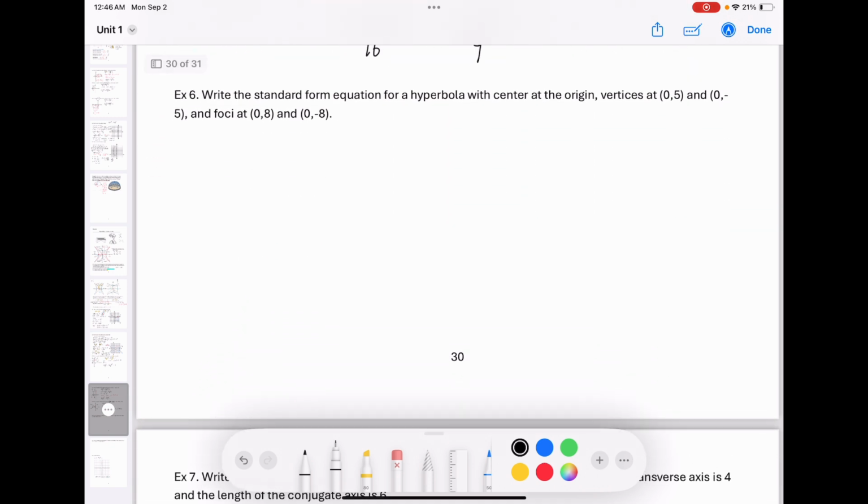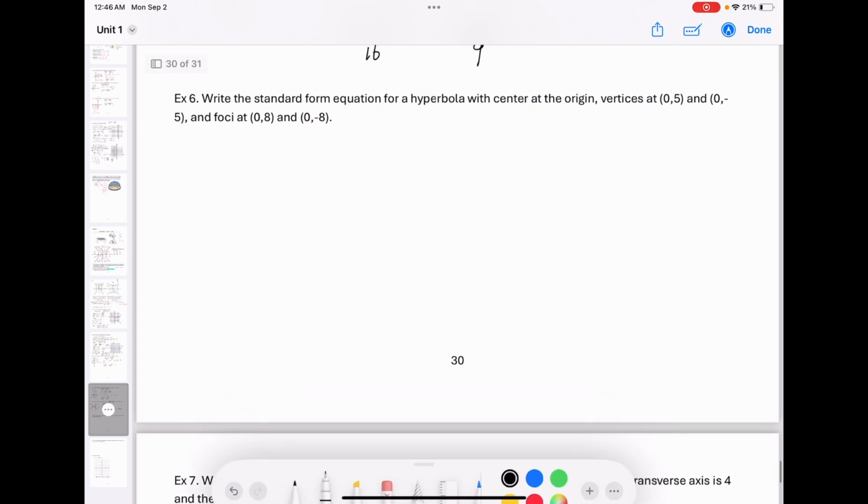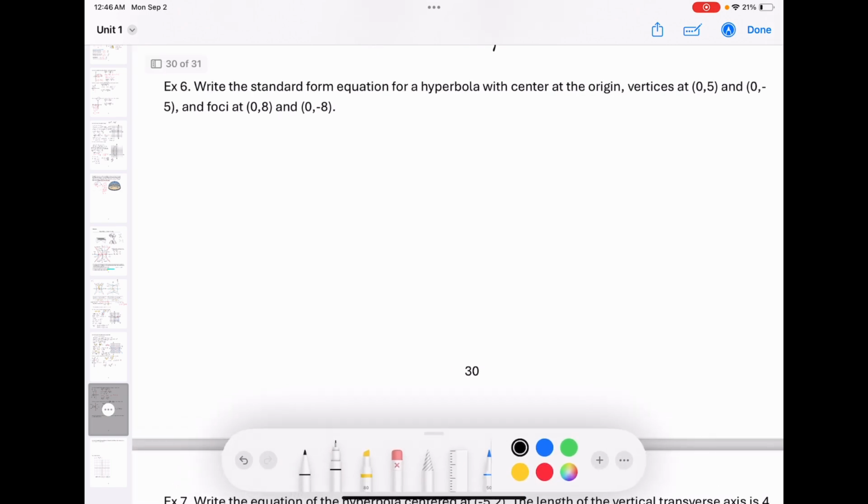Write the equation for the hyperbola with center at origin, so origin means (0, 0), vertices at (0, 5) and (0, -5), and foci at (0, 8) and (0, -8). Let's graph it first.